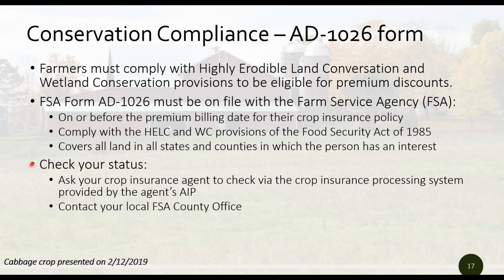On average, the USDA's Risk Management Agency pays 55 to 62% of premium costs. So it's very important to check with your crop insurance agent or your local FSA to confirm your AD 1026 status before sales closing date for the policy you wish to purchase. Because this is first and foremost an FSA program, it's ultimately your responsibility to find out your status.